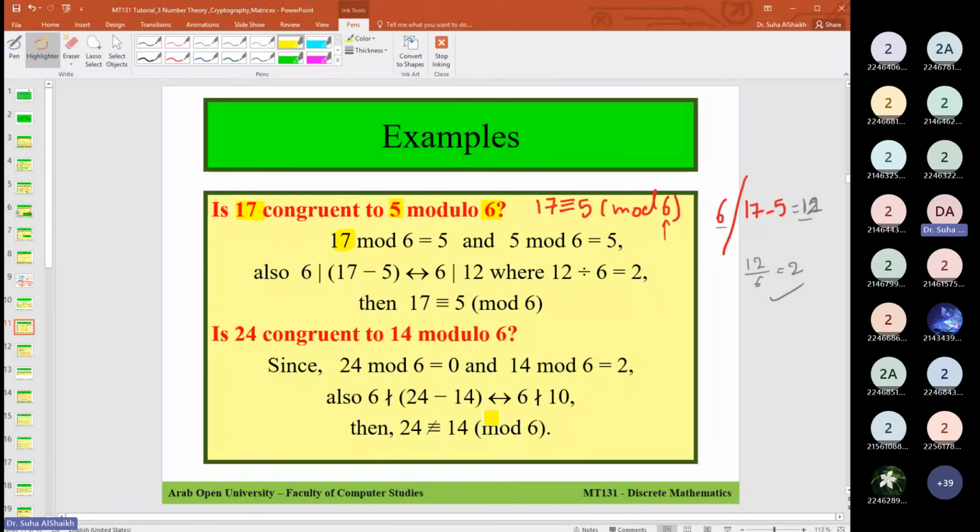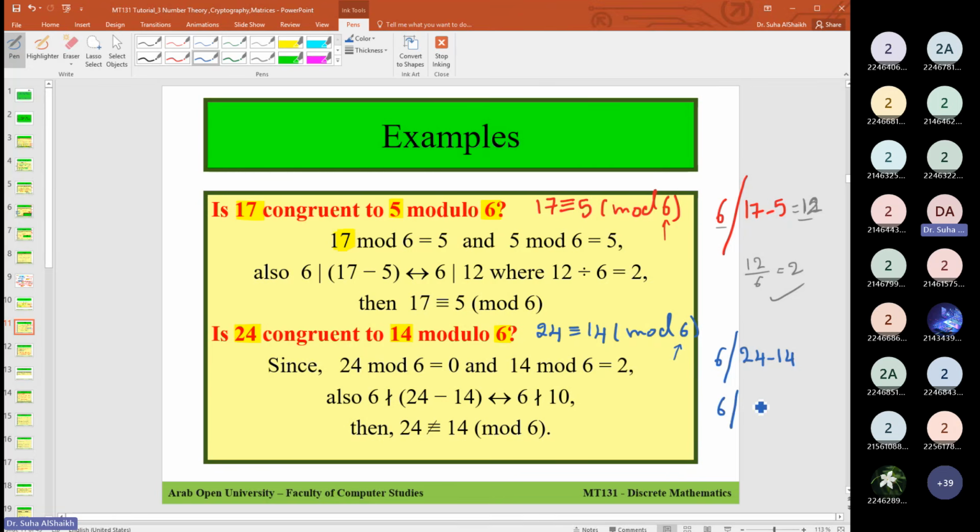Now, is 24 congruent to 14 modulo 6? How do we write this? We say 24 is congruent to 14 mod 6. When is this statement true? When 6 divides the difference between 24 and 14. Notice the number inside divides the difference between the two numbers outside the parentheses.